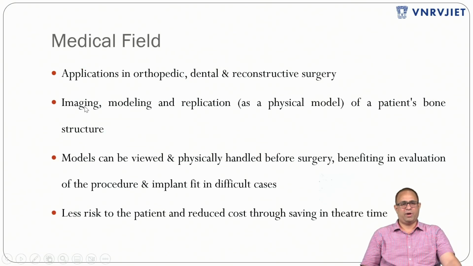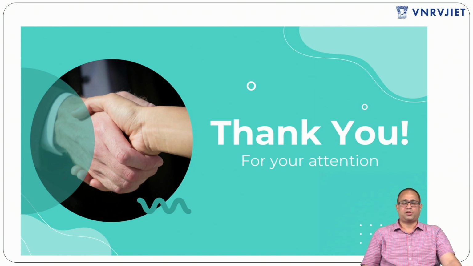And in the medical field, the applications are in orthopedic, dental and reconstructive surgeries and imaging, modeling and replication of the patient's bone structure, and also less risk to the patient and reduced cost through the saving in theater time. So thank you for listening to my session on reverse engineering.